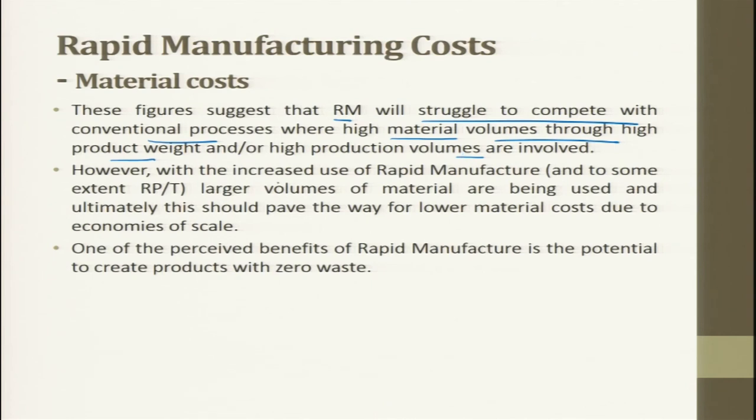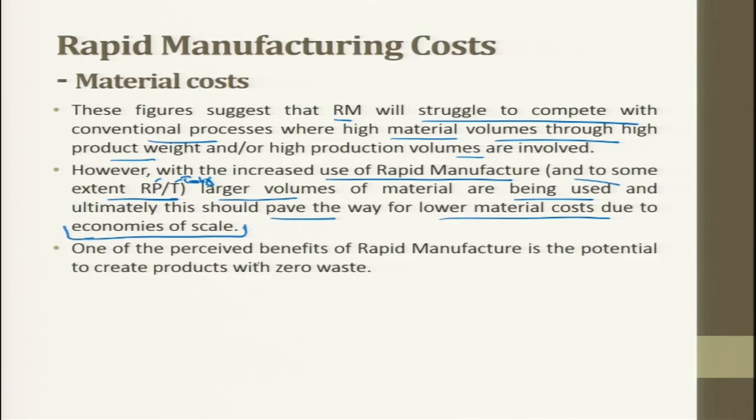With the increased use of rapid manufacture and, to some extent, rapid prototyping and rapid tooling, larger volumes of material are being used, and ultimately this should pave the way for lower material costs due to economies of scale. This is what I just discussed.